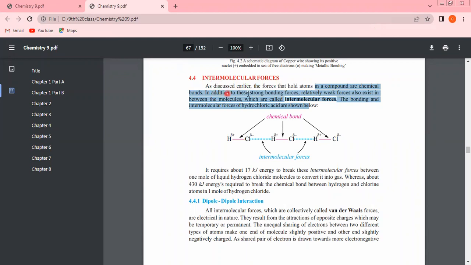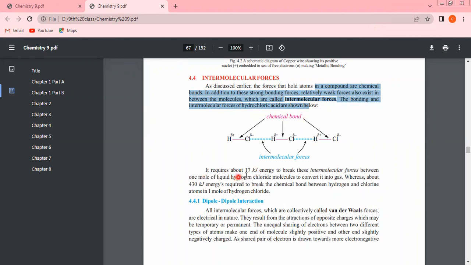Intermolecular forces. As discussed earlier, the forces that hold atoms in a compound are chemical bonds. In addition to these strong bonding forces, relatively weak forces also exist between the molecules, which are called intermolecular forces. The bonding and intermolecular forces of hydrochloric acid are shown below.